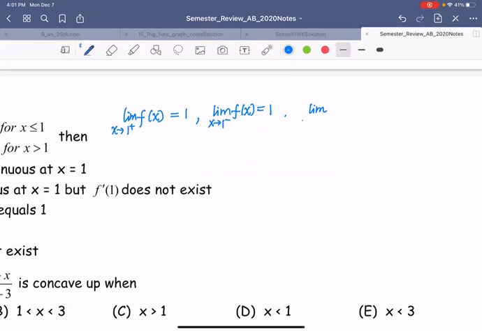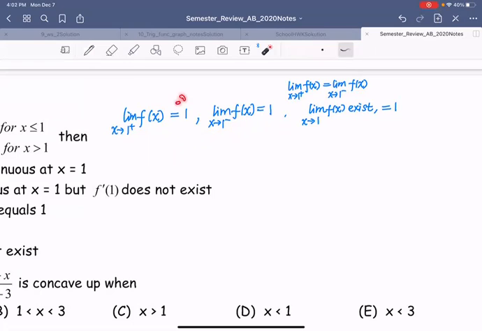So x goes to 1 here because the two are equal, right? The limit of f(x) as x goes to 1 plus equals the limit as x goes to 1 minus. If you prove these two equal, then your limit as x goes to 1 exists, and this equals 1.